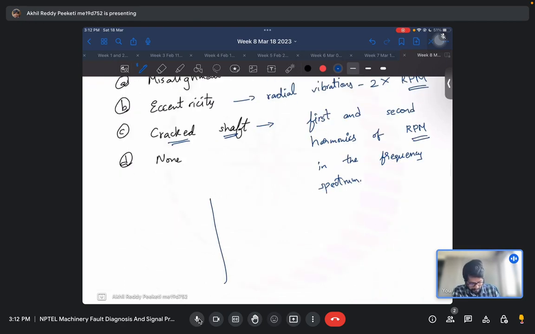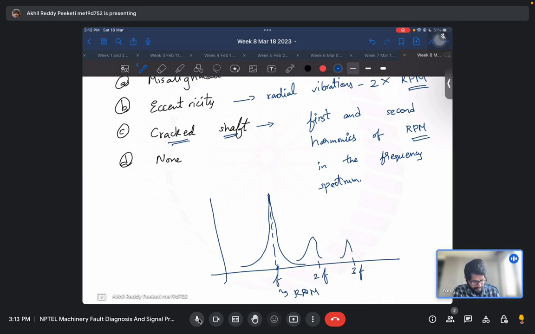So that is, let's say if you are doing frequency spectrum and your RPM, let's say, corresponds to this frequency. So at 2F and 3F, there could be some other peaks.